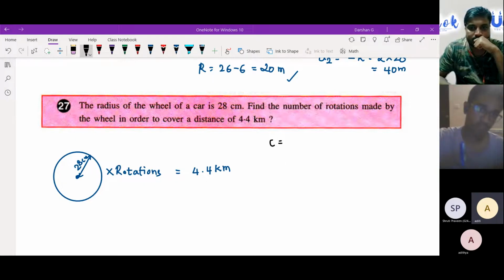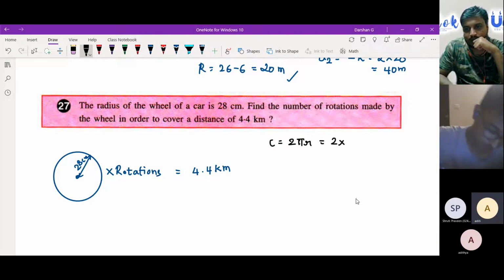Okay. The circumference of the circle is 2 pi r, 2 into 22 by 7 into radius 28 centimeter. 7 fours are 28. So you need to calculate everything: 2 into 22 is 44, 44 times 4, you will get the answer as 176 centimeter, which is right.